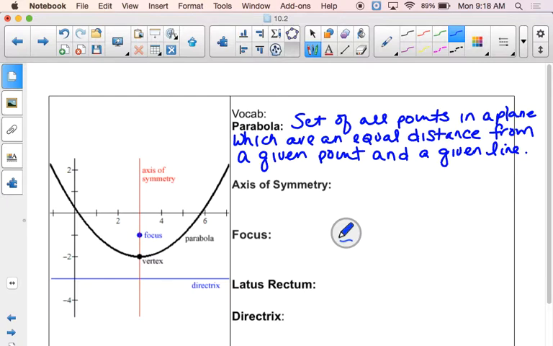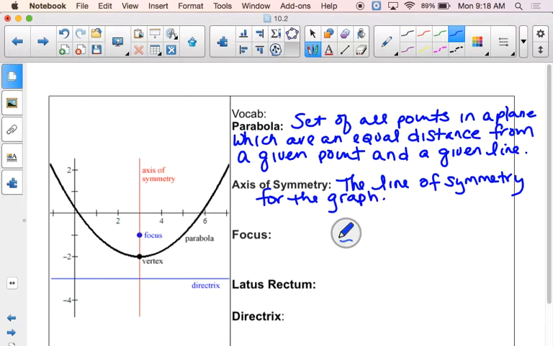So the axis of symmetry is the line of symmetry for the graph, and the two sides of the graph on either side of the axis of symmetry are mirror images.